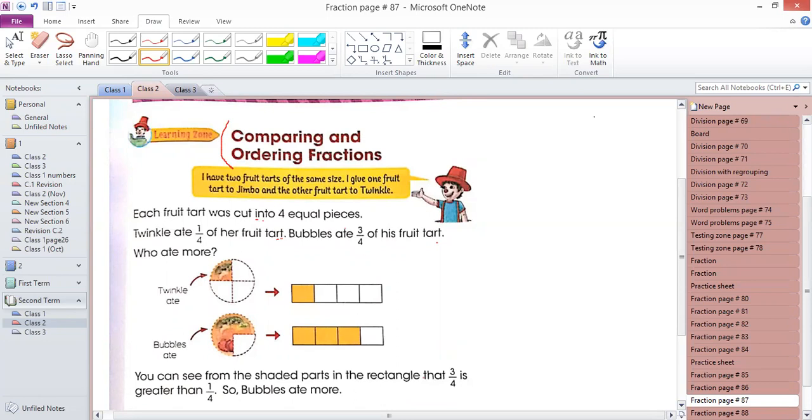Twinkle and 1/4 1/4 of our fruit tart. of her Fruit tart. fruit tart bubble Age. 3/4 of His his fruit tart. good.